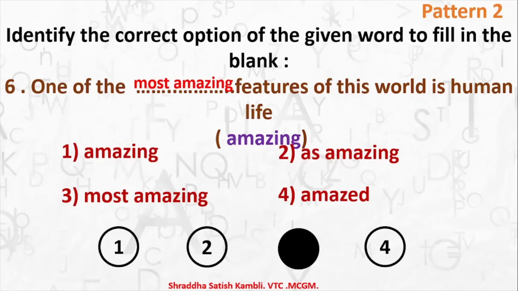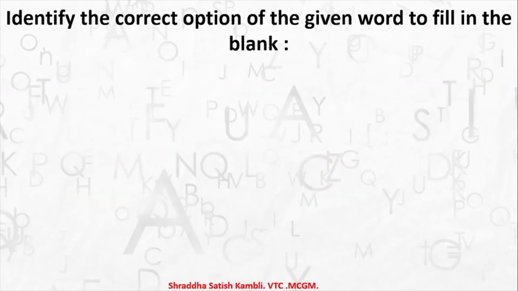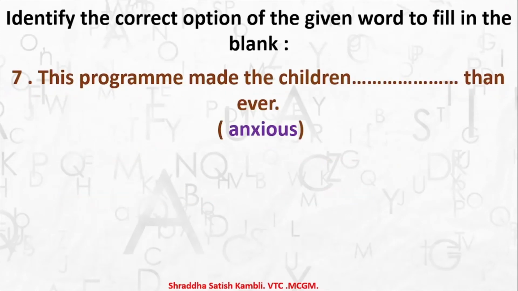Alright, moving on to question number 7 in this video. This program made the children dash than ever. Whenever you use the word than, that means you're comparing, you're using the comparative degree. So what will be the option here?